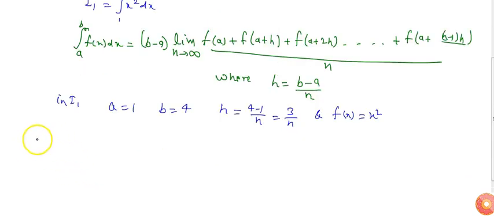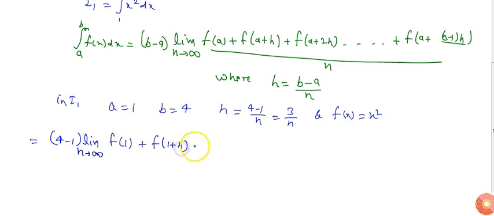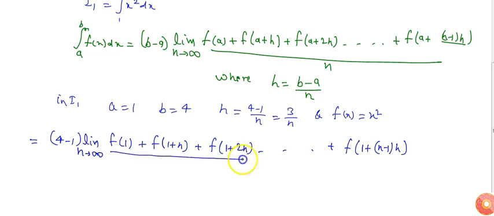So our integration will be (4 minus 1) limit n tends to infinity of [f(1) plus f(1 plus h) plus f(1 plus 2h) up to f(1 plus (n minus 1)h)] divided by n.